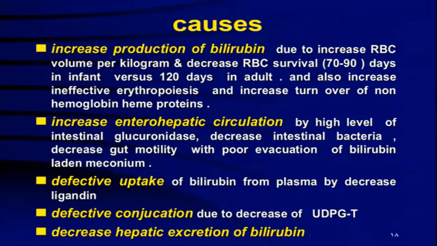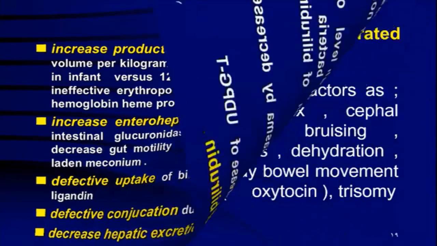Increased enterohepatic circulation by a high level of intestinal glucuronidase and decreased intestinal bacteria. Ineffective uptake of bilirubin from plasma due to decreased ligandin. Ineffective conjugation due to a physiological decrease in the enzyme uridine diphosphate glucuronosyltransferase. Also, a physiological decrease in hepatic excretion of bilirubin.